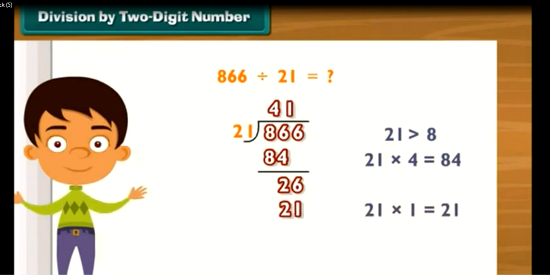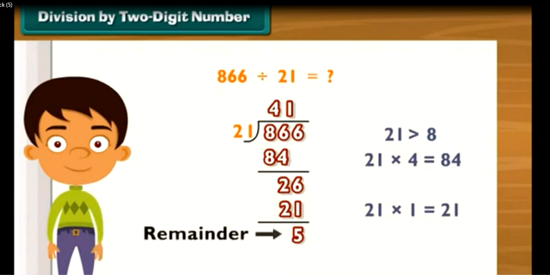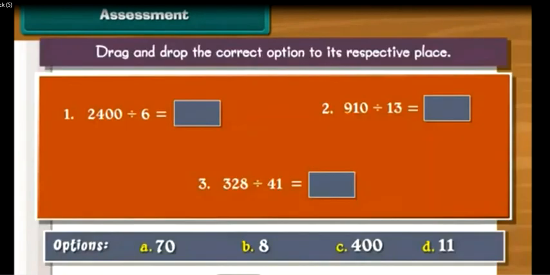Place 1 above 866 next to 4 and subtract 21 from 26 to get 5. 5 is the remainder. Thus, 21 cannot divide 866 exactly. 866 divided by 21 is 41 with the remainder 5.